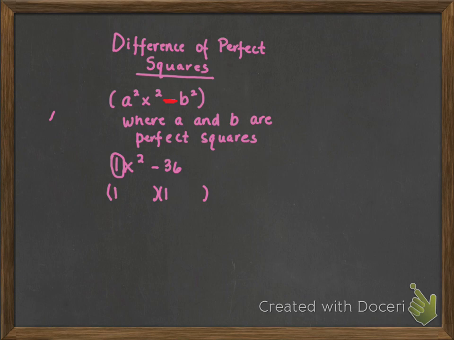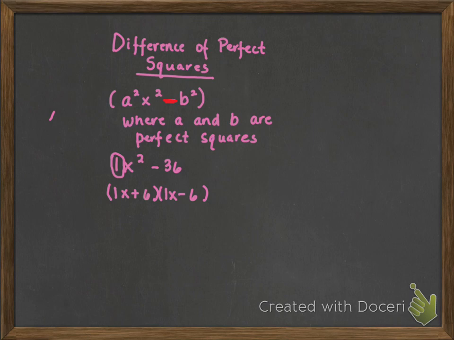Then I take the square root of x squared, which is x, and I put an x in each set of parentheses. As far as the signs go, one will be a positive, one will be a negative. The square root of 36 is 6, so I put a 6 there and a 6 there.